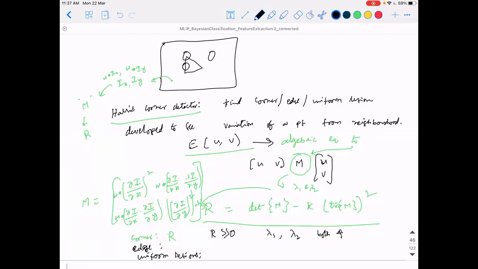And for an edge point, any point on edges, R is negative, in the sense that lambda 1 is much greater than lambda 2 or vice versa. And then what about a uniform region? R is close to 0. That means lambda 1 and lambda 2 are both small.